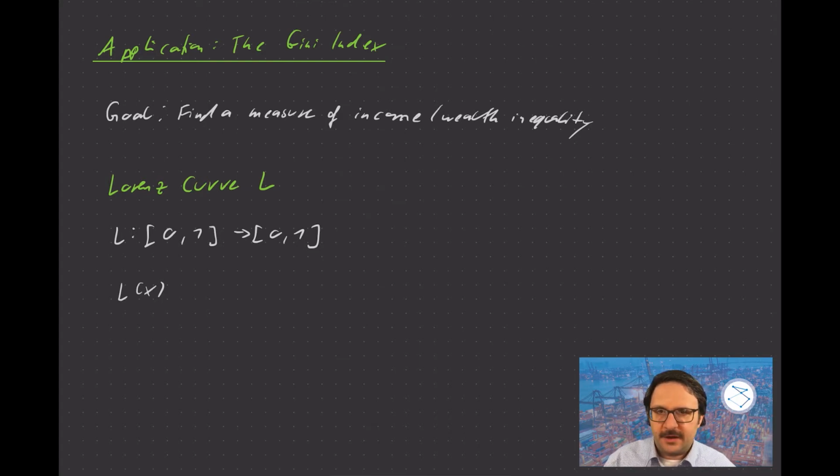So L of 10%, or L of 0.1, is the proportion of wealth that is held by the bottom 10% of the society. L of 90% would be the proportion of wealth of that society that is held by the bottom 90%. Or conversely, the proportion of wealth that is not held by the top 10%.